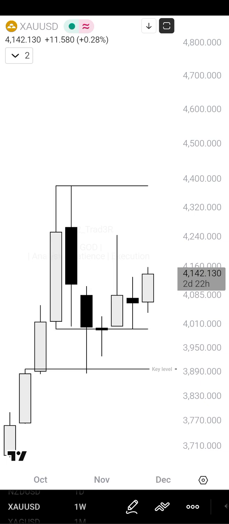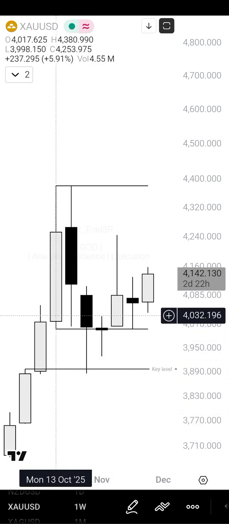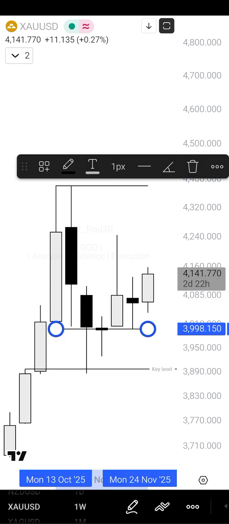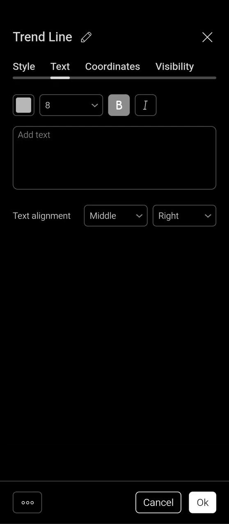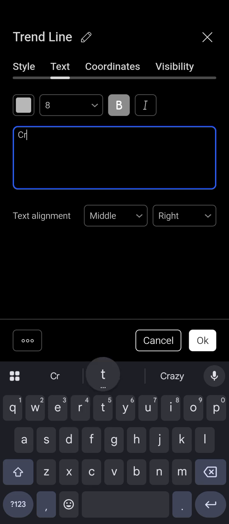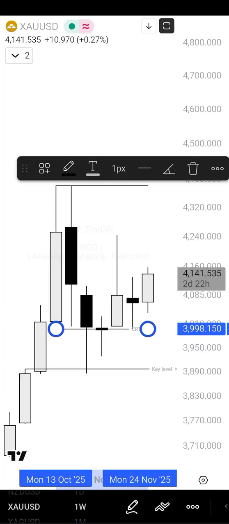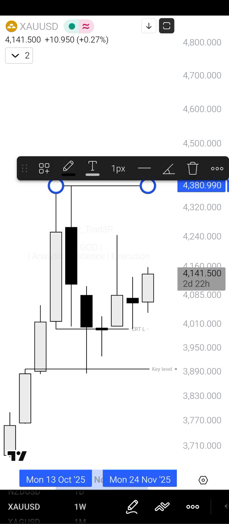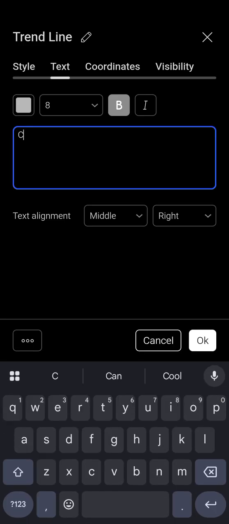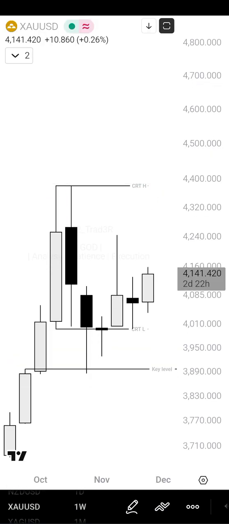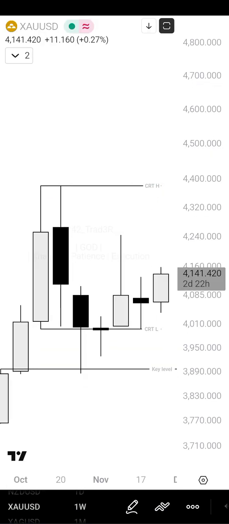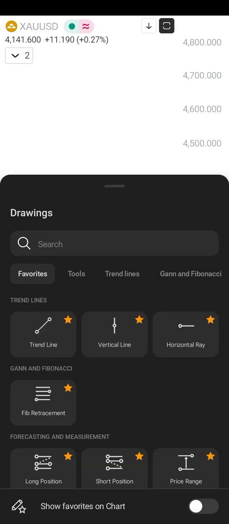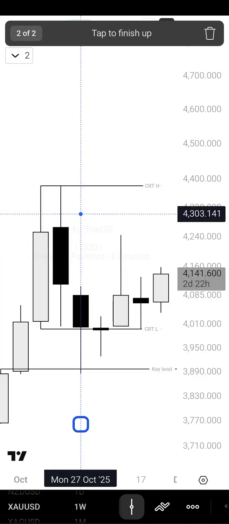So let's look at this bullish range that I marked out, the range low, as you can see here. Let's indicate it as CRT low, and this high here as CRT high, and let's concentrate on the manipulation candle, which is this.